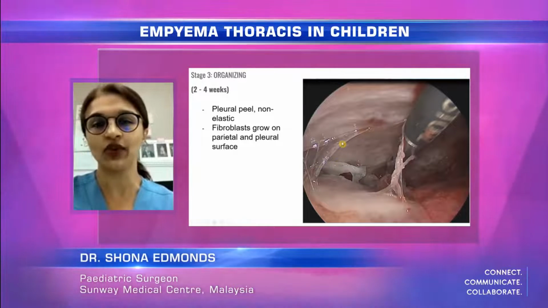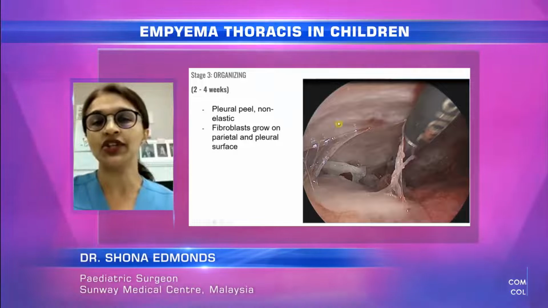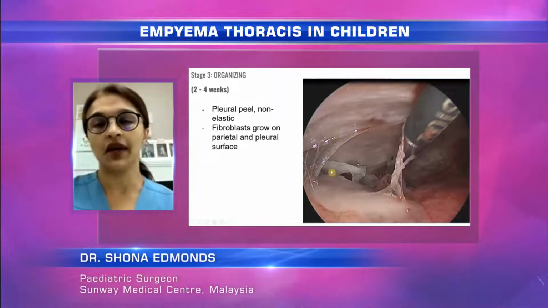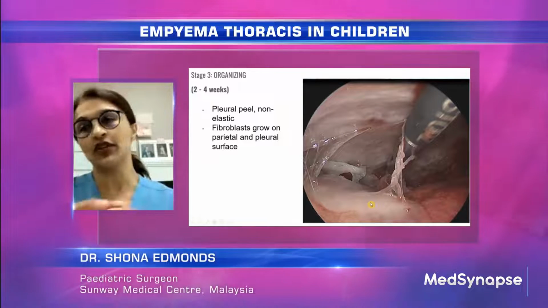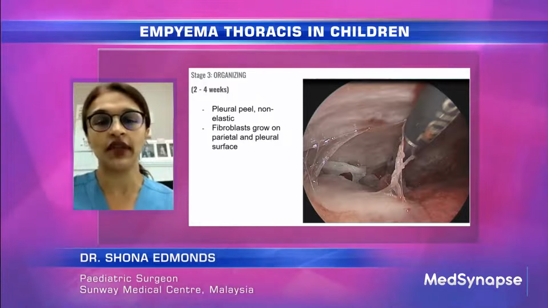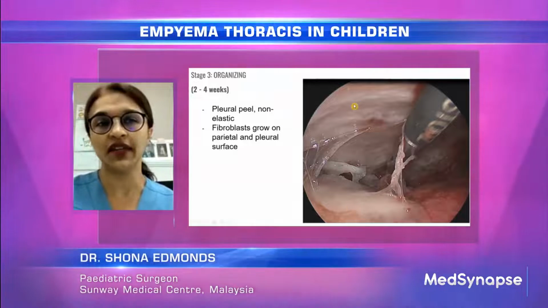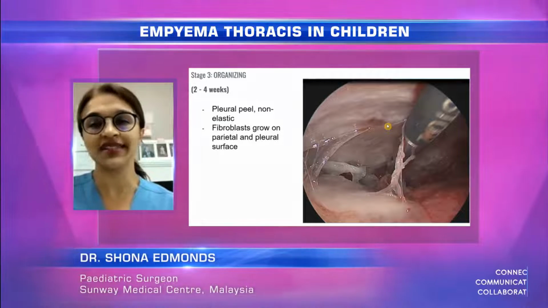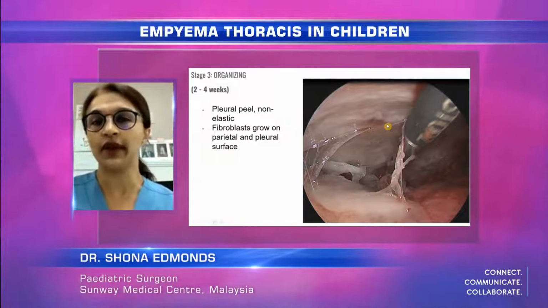So this looks like the white of a coconut. There's an obliteration of the pleural space, and you find that the lung is very tight because it's encased by this whole thick peel. So this is the organizing phase, organizational phase of Empyema thoracis.